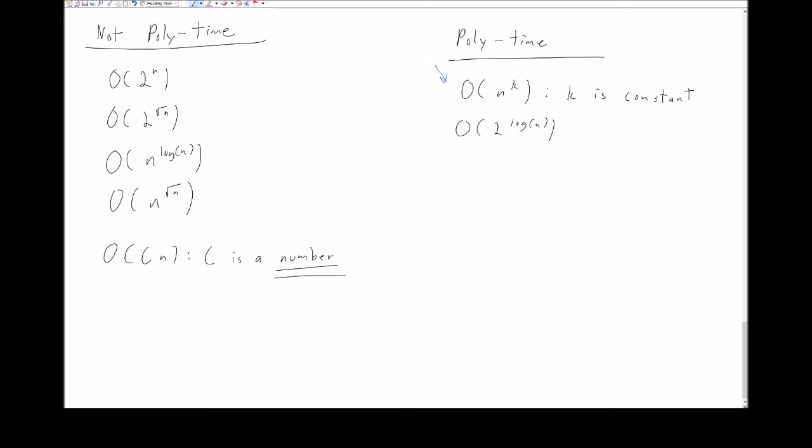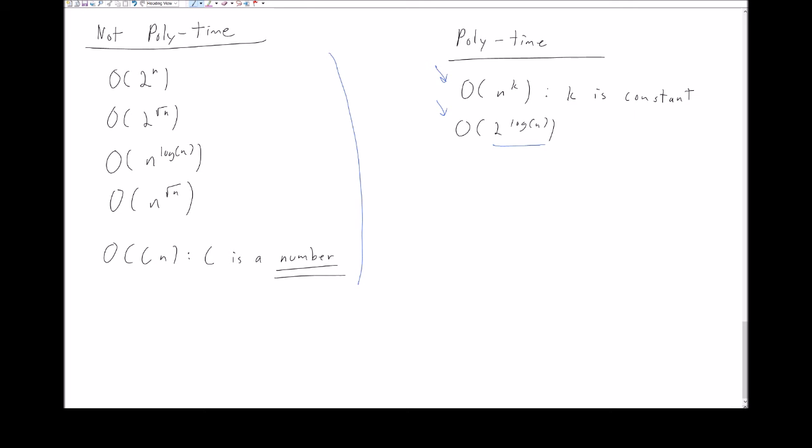Occasionally, when we analyze algorithms, the polynomial time can actually look a little bit different, and we can have 2 to the log n. You can see that in this case, the log and the 2 are going to cancel each other out, and this is actually a polynomial time runtime. On the other hand, there's quite a few runtimes over here that aren't polynomial. Anytime n is in an exponent of an expression, except for this one particular case, we have a non-polynomial time runtime.